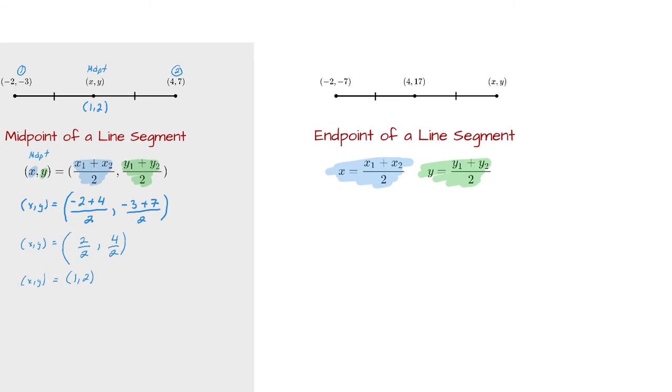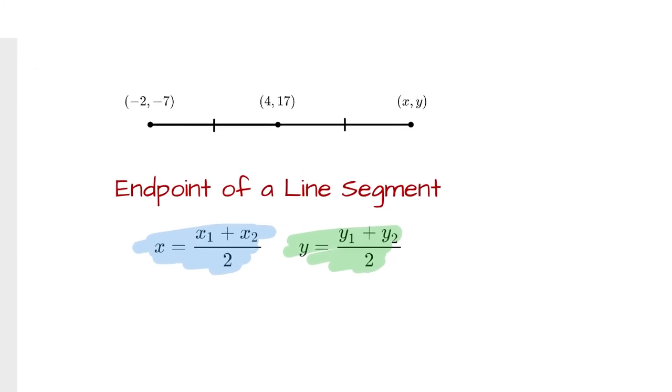All I've done is taken the original and pulled it apart a little bit. Now in this case, I'm going to label my diagram exactly the same way. This is coordinate number 1, this is coordinate number 2, and this is the midpoint.